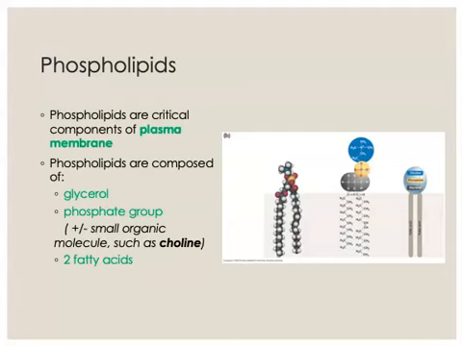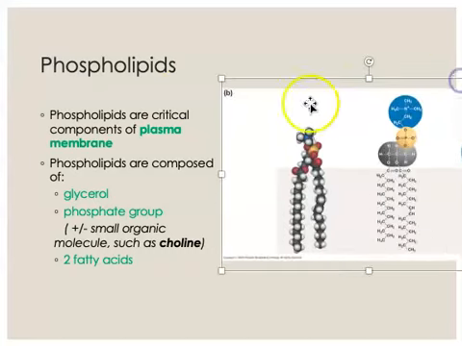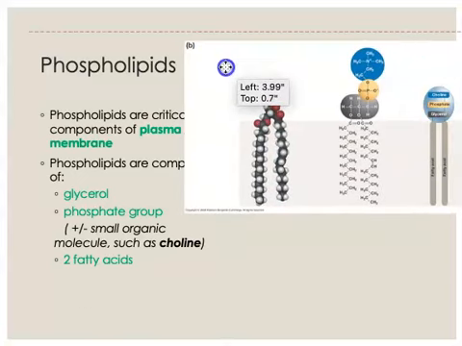The second kind of lipid is the phospholipid, and we've looked at these previously. Phospholipids, remember, are the types of lipids that build up our plasma membranes, our cell membranes. Phospholipids have some similarity to fats in terms of their structure.